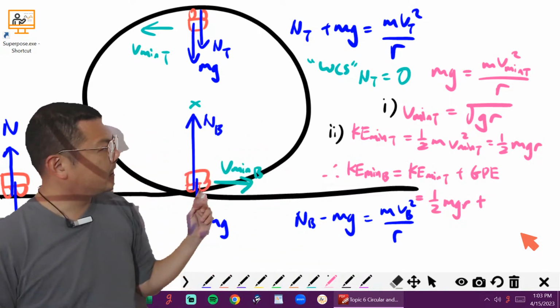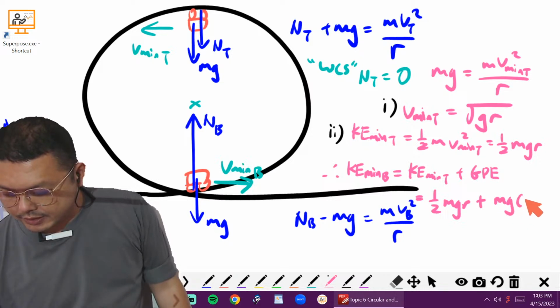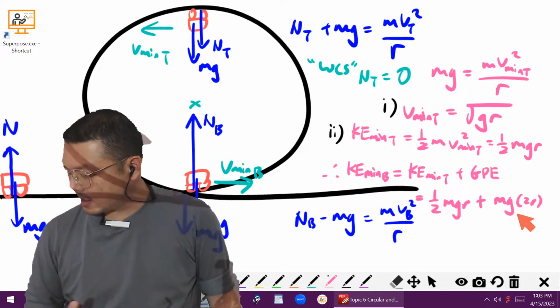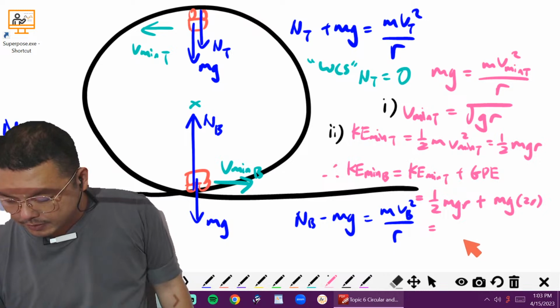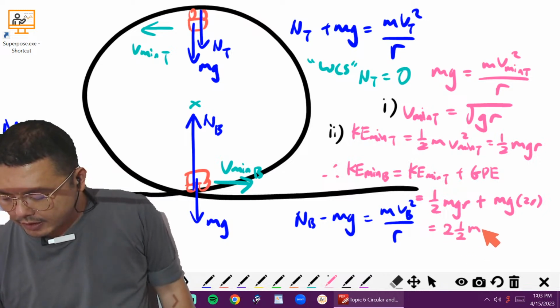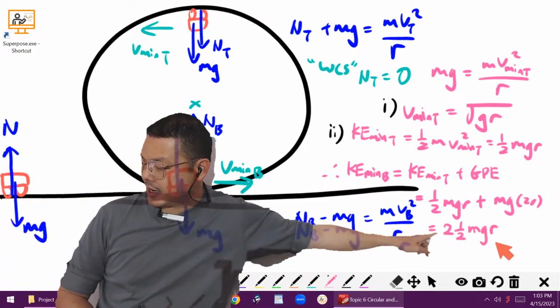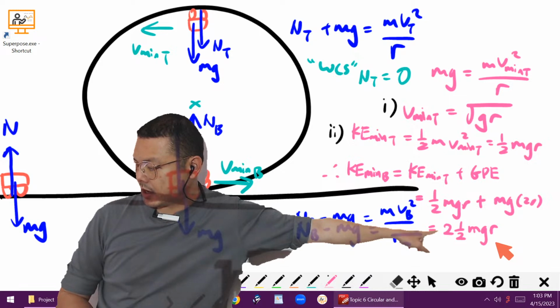What's the h? 2r, so it's mg times 2r, and therefore the KE minimum at the bottom happens to be 2.5 mgr. Okay, so the KE minimum at the bottom will be 2.5 mgr. You'll see that there.